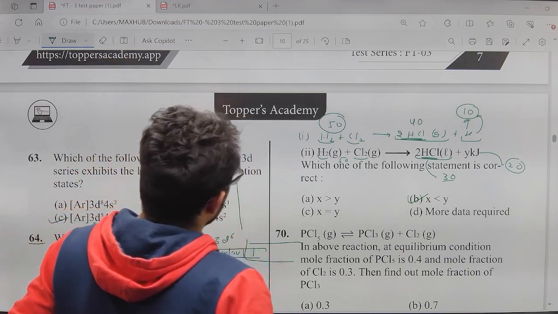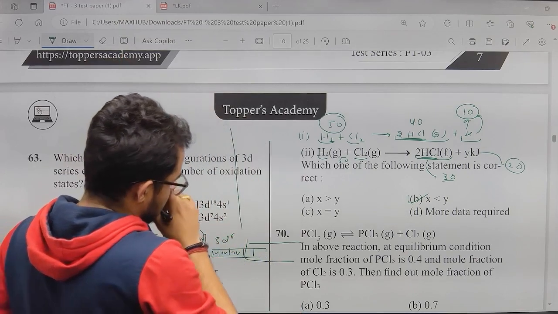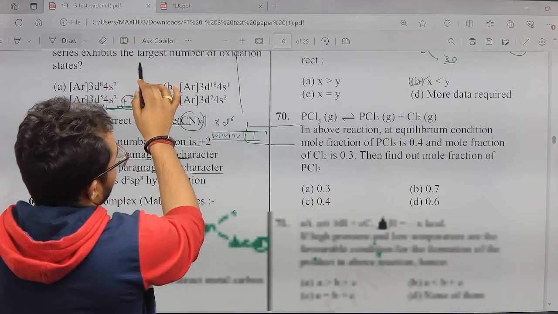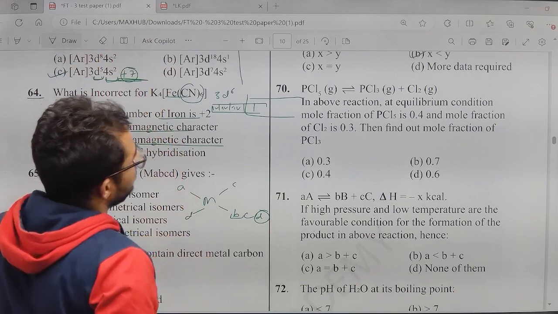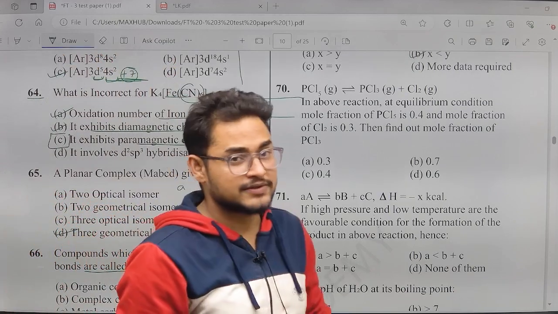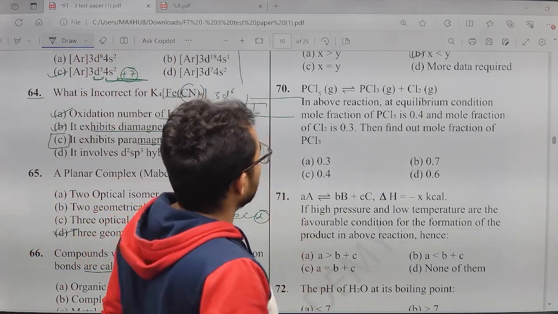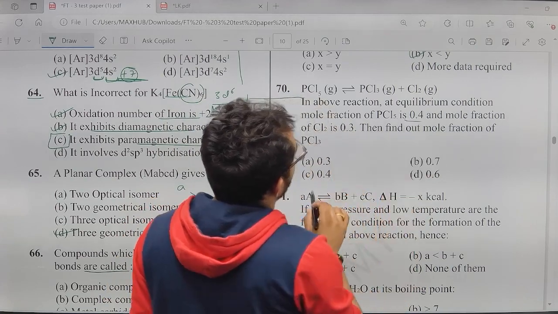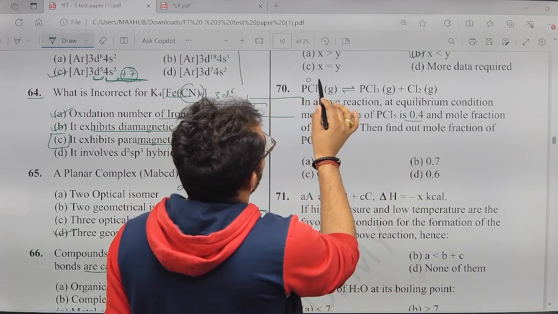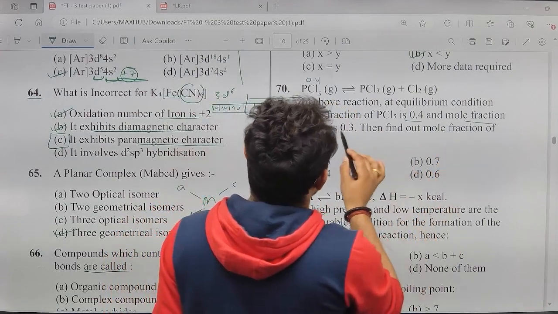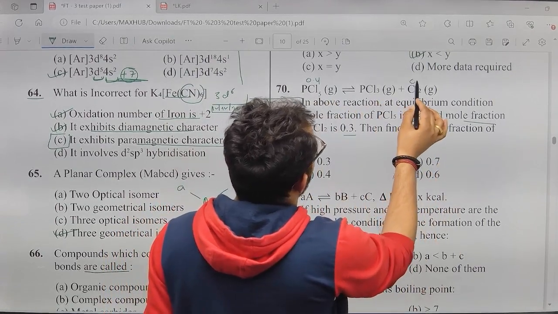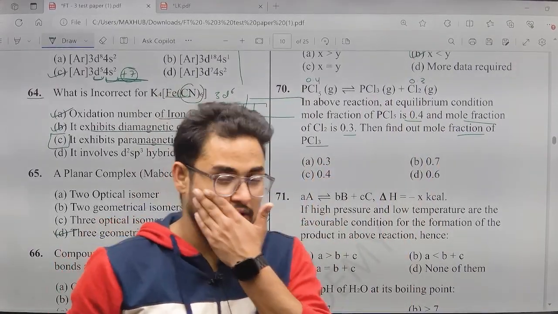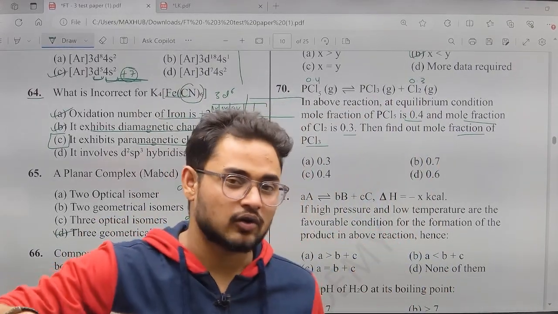Now the next question, number 70: PCl5 reversible PCl3 plus Cl2. In the above reaction at equilibrium, the mole fraction of PCl5 is 0.4 and the mole fraction of Cl2 is 0.3. What is the mole fraction of PCl3? Online students, at equilibrium the reactants and products are all present.